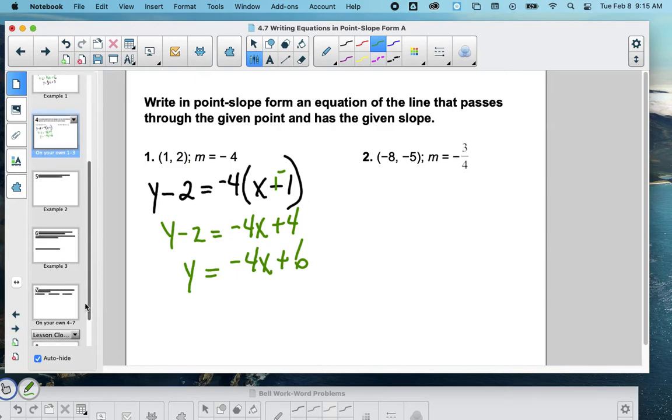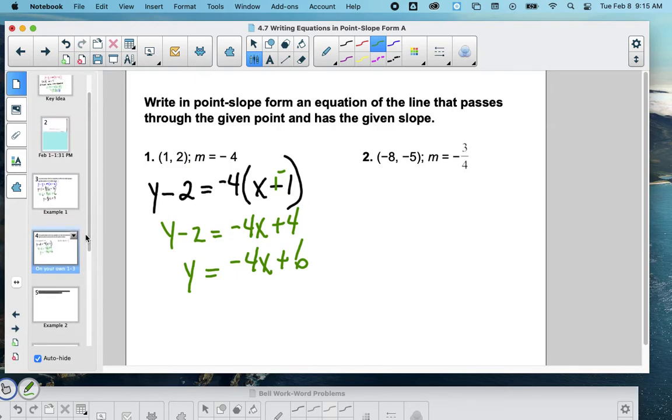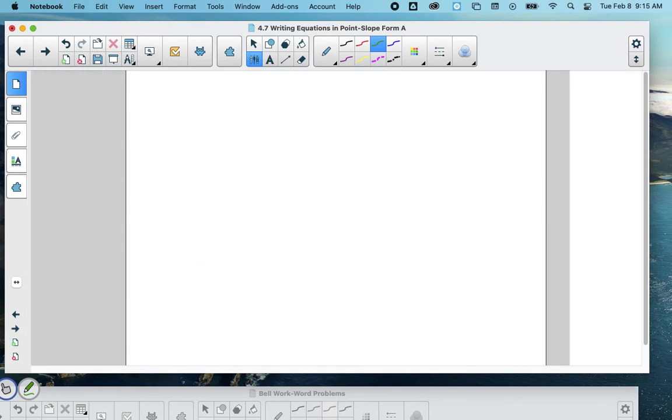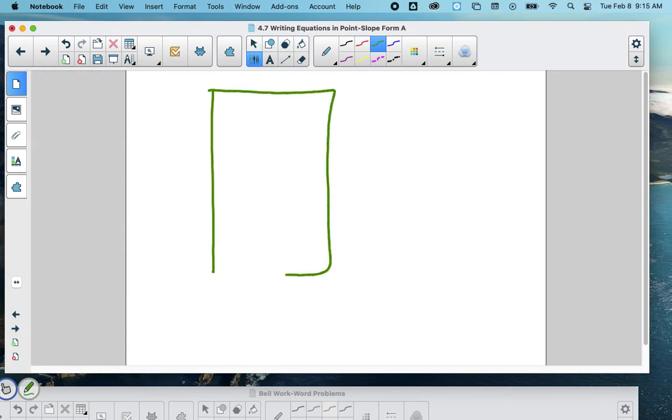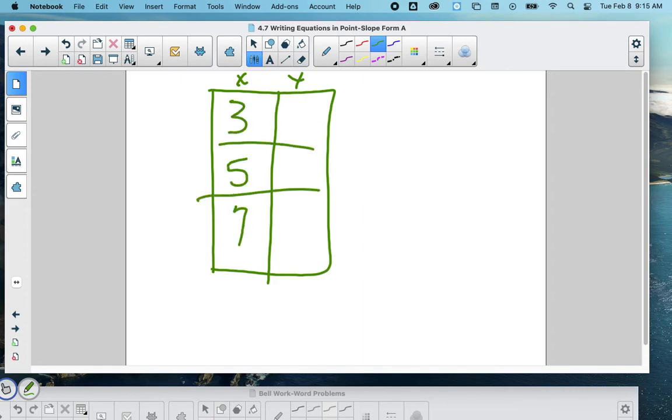I have a table. What if I have a table? I've got X and Y values. And let's say my values are 3, 5, and 7 on the X. Okay.